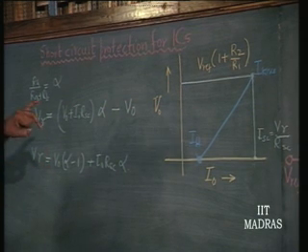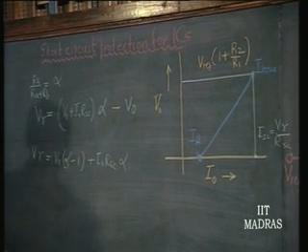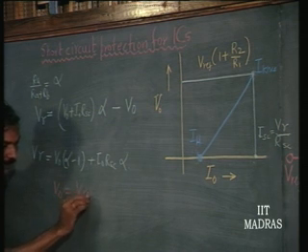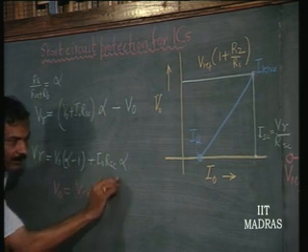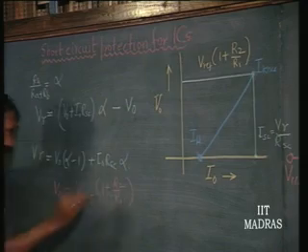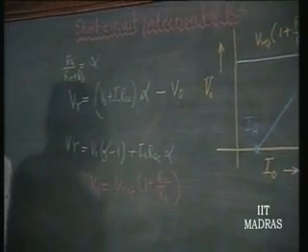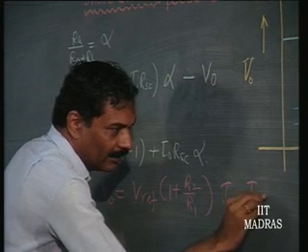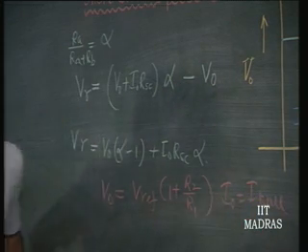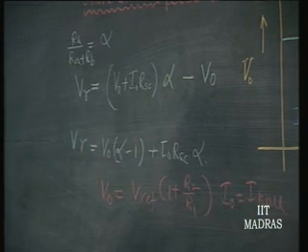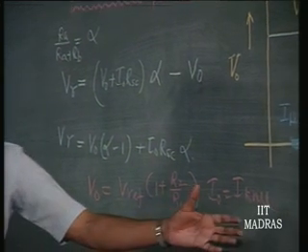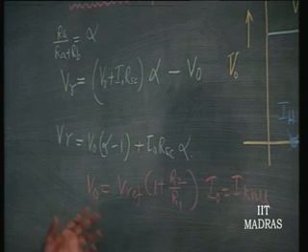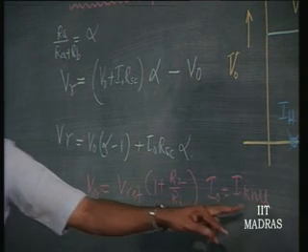At one point, V naught equals V reference into 1 plus R2 over R1. We know the value of I naught. I naught is going to be I knee, whatever be the maximum current that you are letting through this system. That is earlier called the short circuit current, that is the knee current. That is one known point. This voltage is known, this current is known.